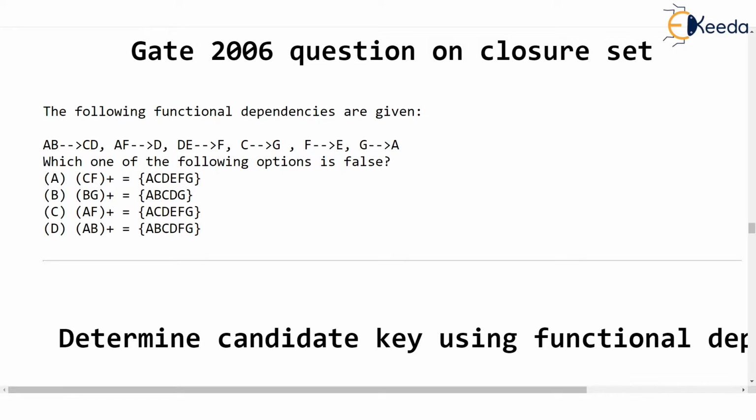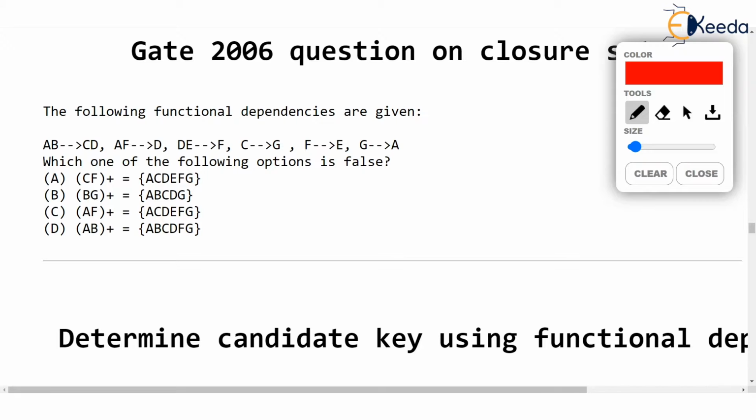Let's check the question. The following functional dependencies are given: AB determines CD, AF determines D, DE determines F, C determines G, F determines E, and G determines A. That means our table is going to contain the attributes A, B, C, D, E, F, G. Then which of the following options is false, they are asking.